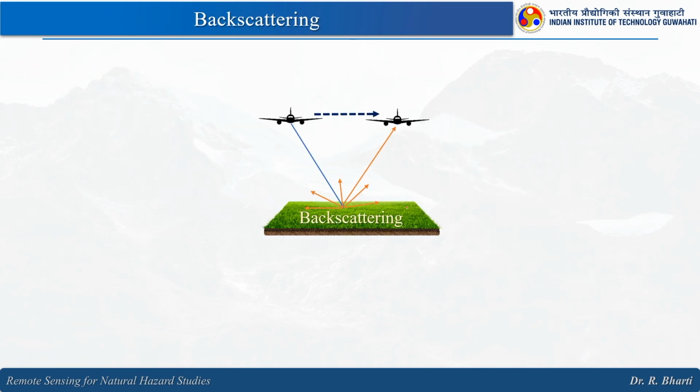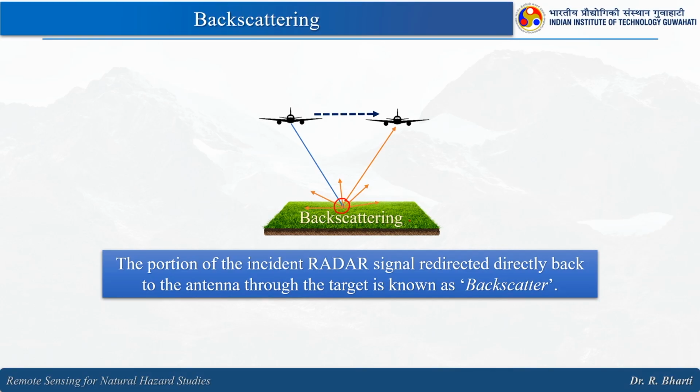The backscattering is also a reflection, but since we are talking about longer wavelengths, to discriminate it, the portion of the incident radar signal redirected directly back to the antenna by the target is known as backscatter.